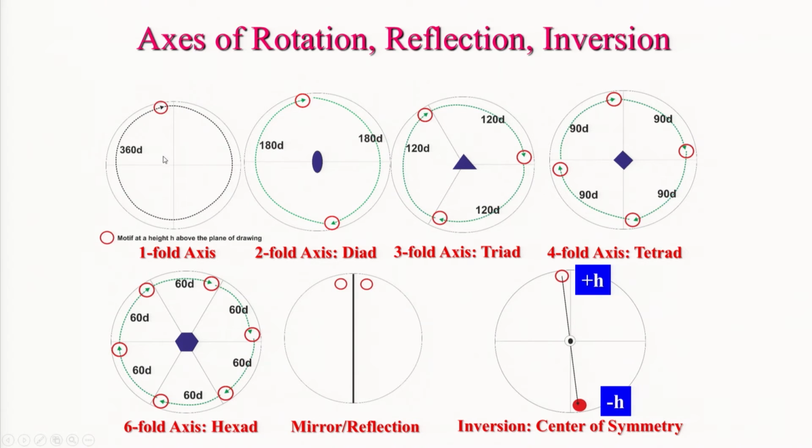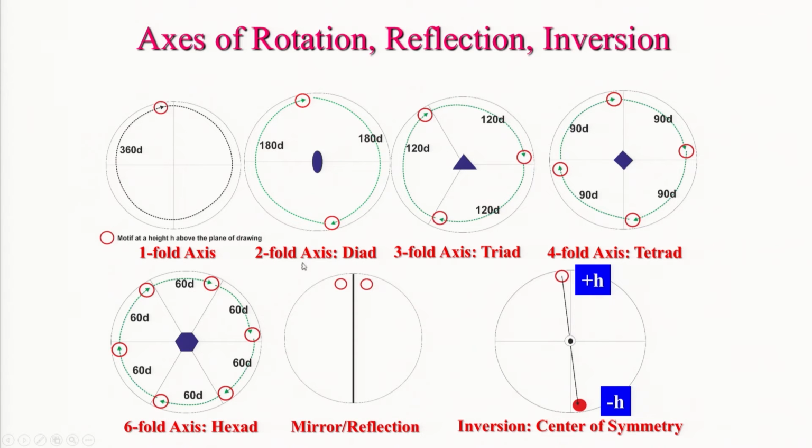This open circle represents a motif which lies at a height h above the plane of drawing. If you have the minimum symmetry operation, that is a one-fold axis, the repeat angle is 360 by 1, 360, so it does not produce any additional motif.